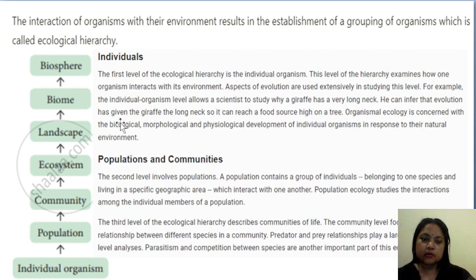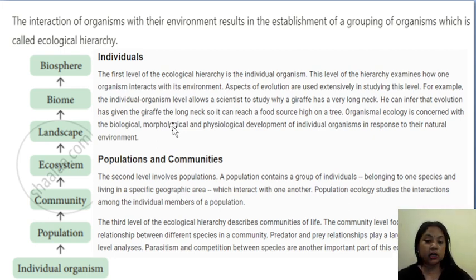For example, the individual organism level allows a scientist to study why a giraffe has a very long neck, and he can infer that evolution has given the giraffe the long neck so it can reach a food source high on a tree. Okay, so that defines the evolution.